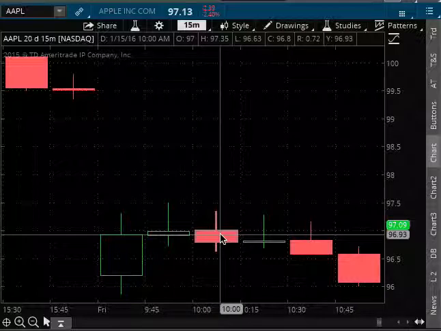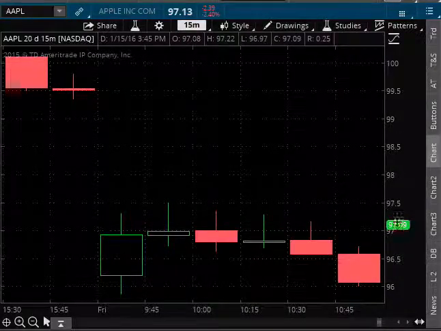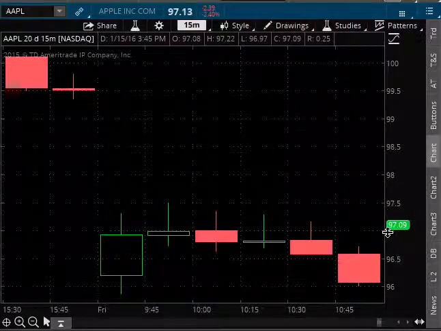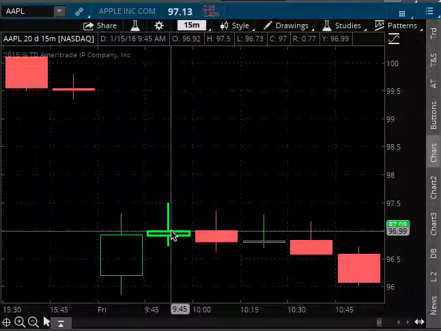Now, if you are a newbie and you're trying to understand what these values are over here, this is the price of Apple. So you buy stocks and shares. So if this price here is at this particular time at 9:45, the opening price was $96.92. So if you had $95 in your account, you will not be able to buy or purchase one share of Apple.